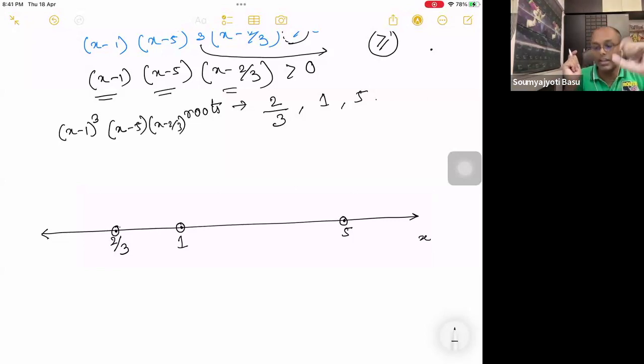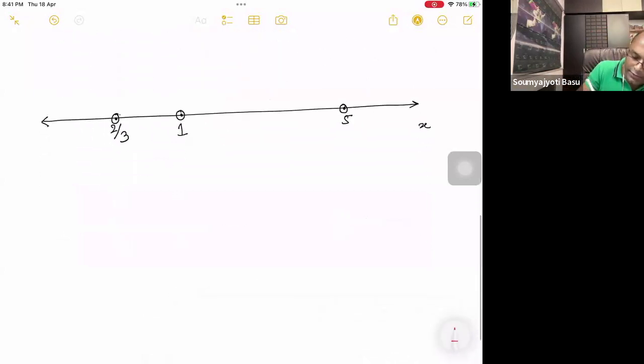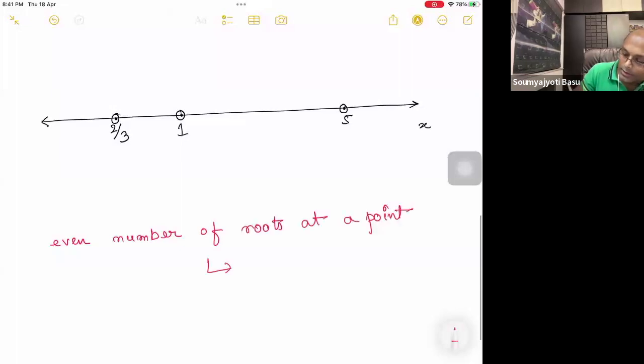So the generalized statement is, if there are an even number of roots at a point, the sign of the function does not change around that root.